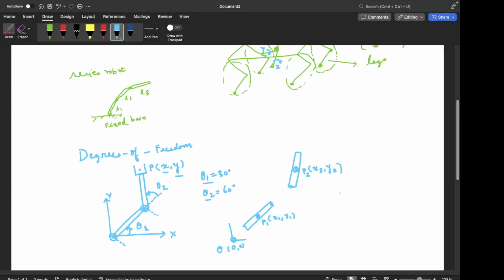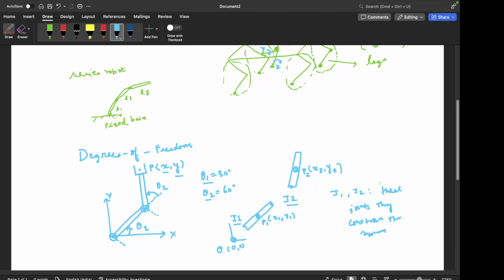So mathematically speaking, the joint here, let's say J2, and the joint here, J1, these two joints constrain the system, right?